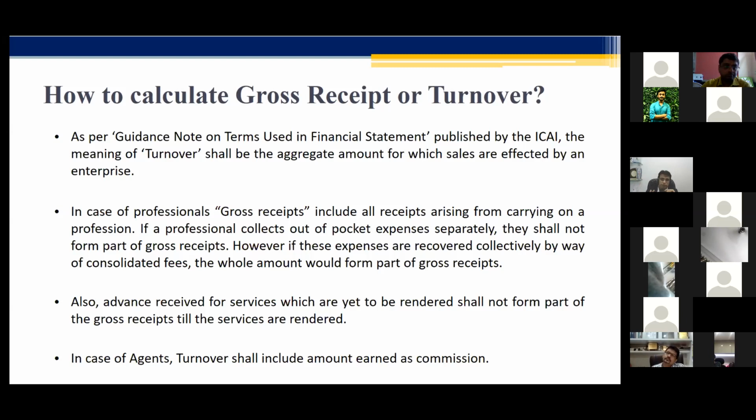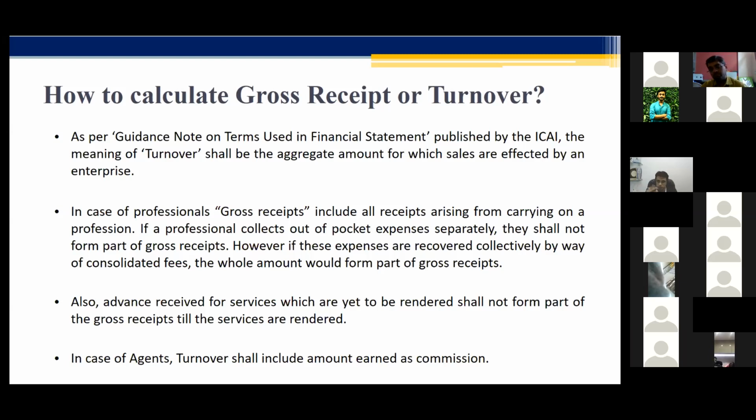It remains a liability, a refundable one, if I have not done the audit. It does not change the nature of the receipt. A liability shall remain a liability and income shall remain income. So advances will never be considered if the services are not provided, even under the cash basis system.